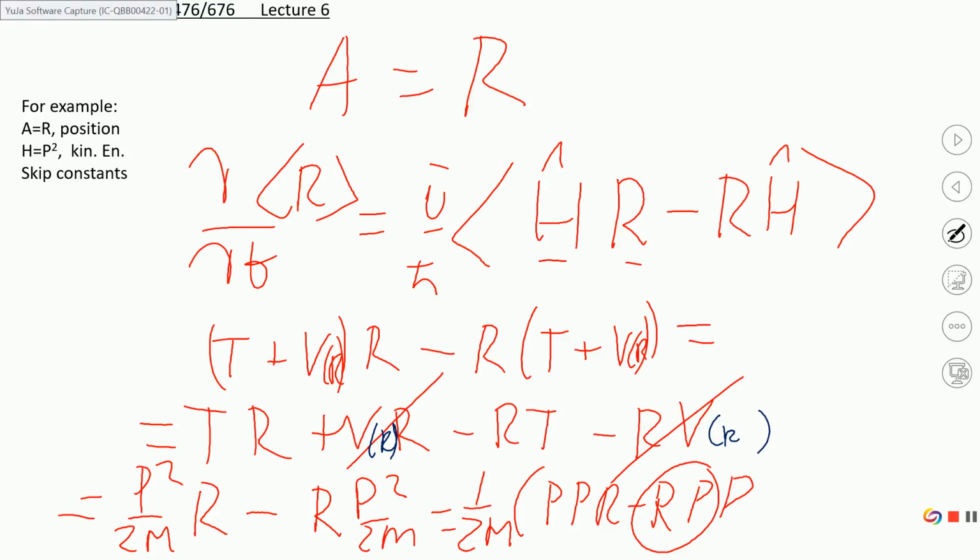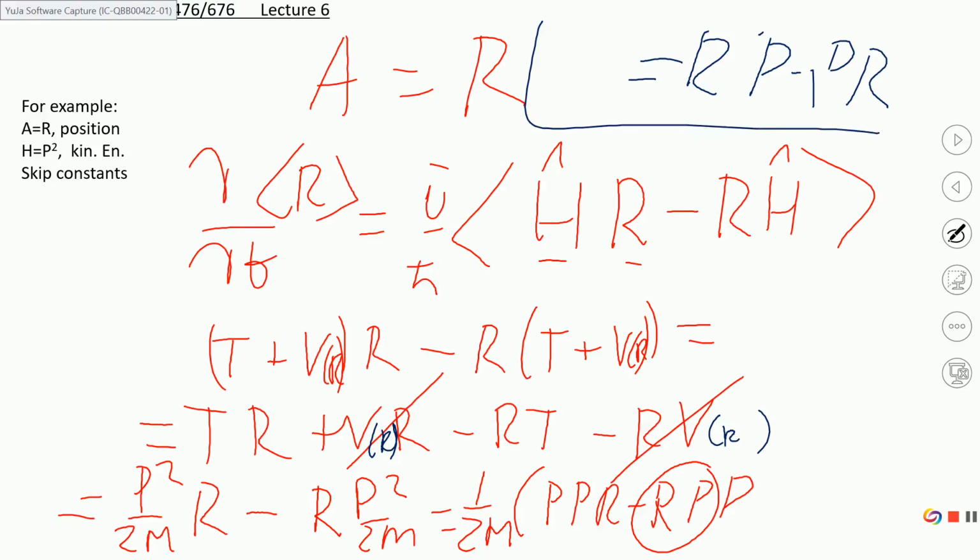Good? What do we do with it? Is there a way to simplify it? What is RP minus PR in quantum theory?